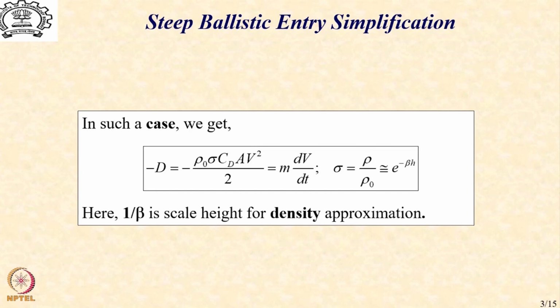It should be mentioned here that 1 by beta is called the scale height commonly employed for density approximation while capturing the effect of atmosphere on the vehicles.